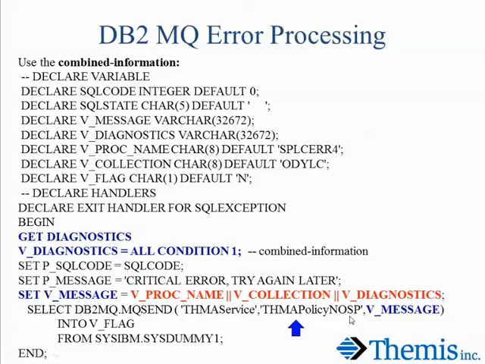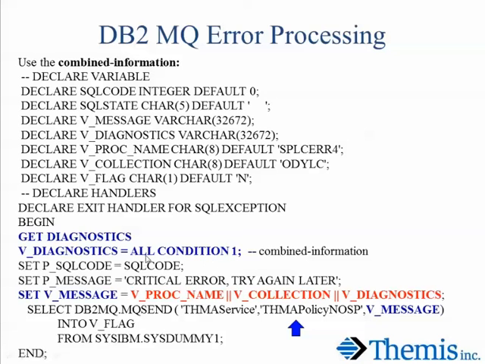In other words, an MQ Series queue that is not going to be deleted if the procedure that sent it to the queue rolls back its unit of work. So we want that as a non-synchronized queue. Then we can get diagnostics, and the easiest way to get the entire block of diagnostic information for a condition is to use the ALL qualifier.